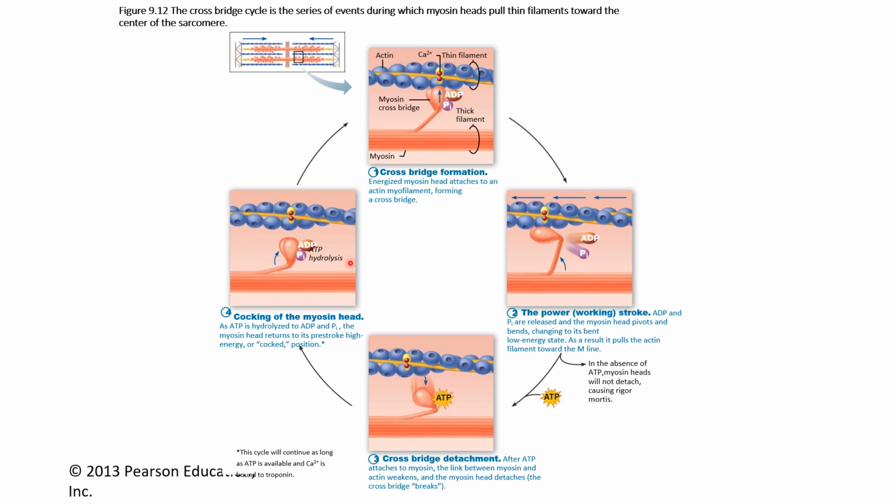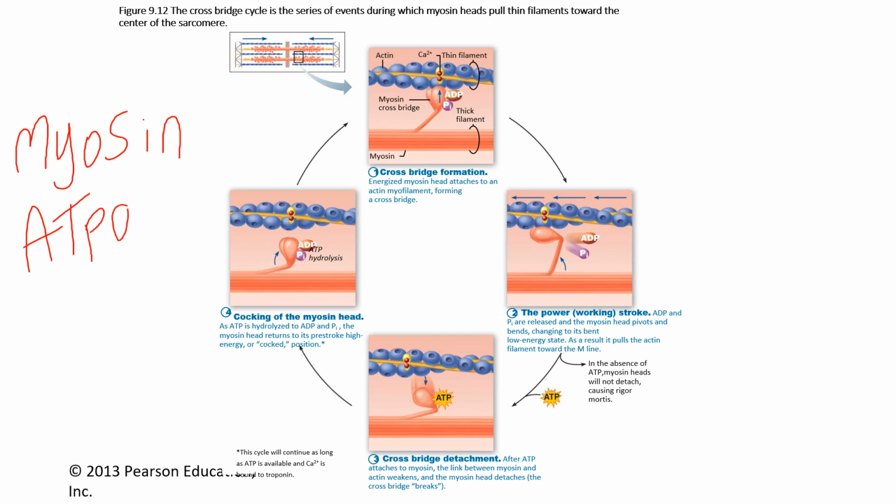Now there is an enzyme that's actually going to help us with the hydrolysis of ATP, and that enzyme is known as myosin ATPase. So myosin ATPase helps break down your ATP into ADP plus a phosphate, an inorganic phosphate.